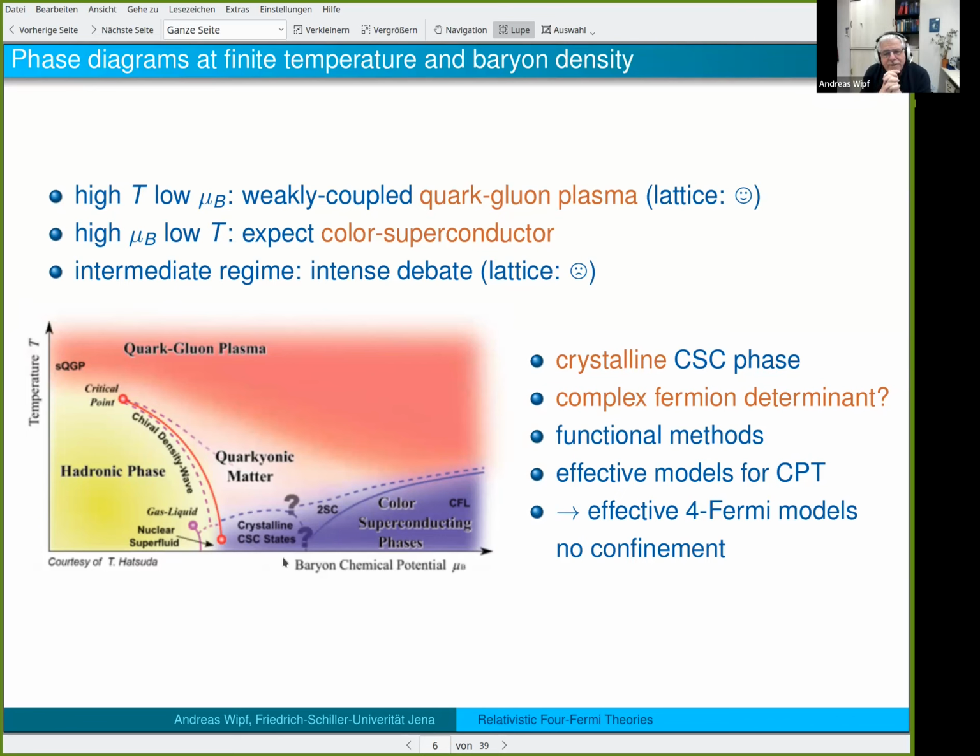This model, as I mentioned, is not renormalizable. But again, it should be an effective theory, so it should be okay. Now, another model which has been studied a lot is the quark-meson model. It is a sort of generalization of this Nambu-Jona-Lasinio model in the auxiliary field representation.